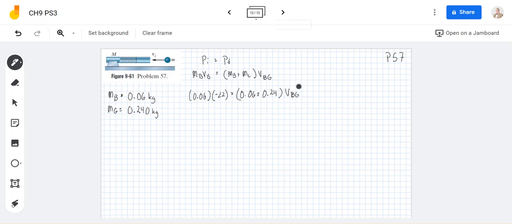Let's calculate this. So the velocity of the ball and gun after is going to be equal to, so it's moving at 4.4 to the left.